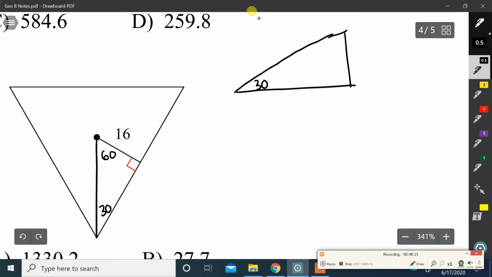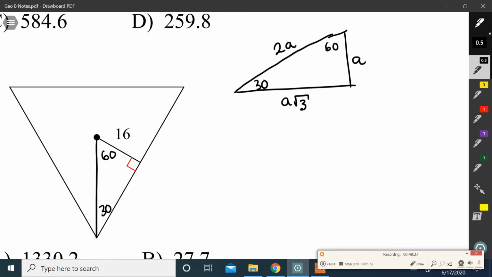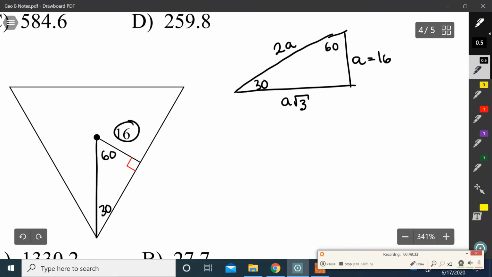If this is 30 and this is 60, if this is A, then this would be A square root of 3, and this would be 2A. In this case, the A is 16, as you can see there. So this right here, from there to there, is 16 square root of 3.